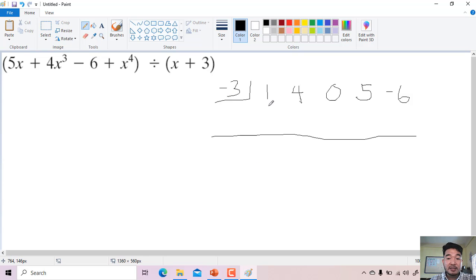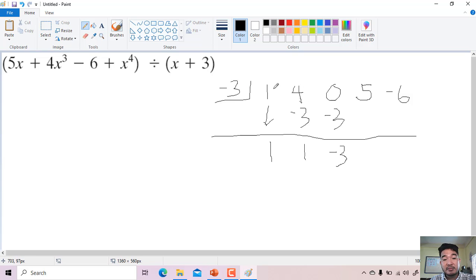And then we start by bringing down 1. So you will have 1 here. Then you multiply 1 times negative 3 is negative 3. Then we add 4 plus negative 3 is 1. Then 1 times negative 3 is negative 3. Then you add 0 plus negative 3 is negative 3.